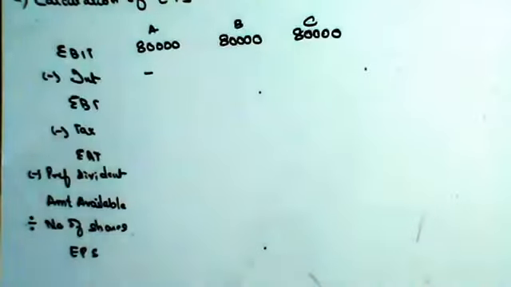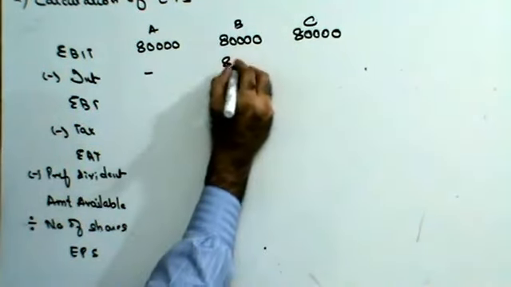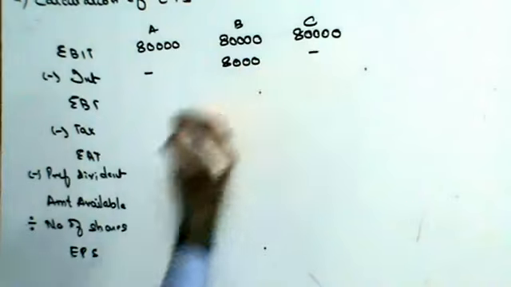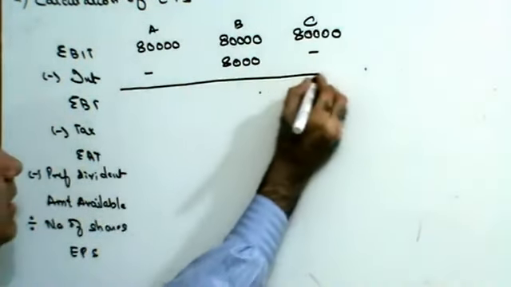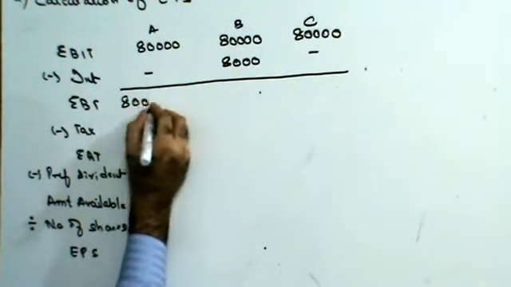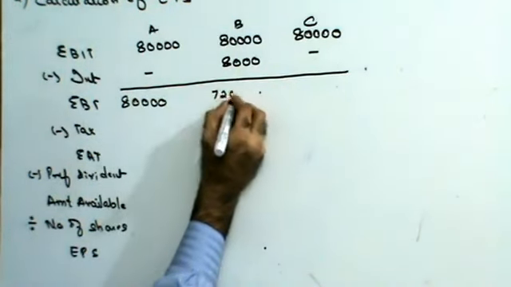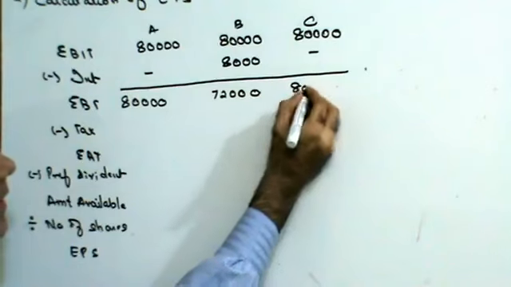In Plan B debt is 1 lakh rupees and the interest rate, cost of debt is given to you in adjustment number C. Cost of debt is given to you as 8%. So 8% on 1 lakh is going to be 8,000. Plan C again has no debt. So you will get EBT as 80,000, 72,000 and 80,000.